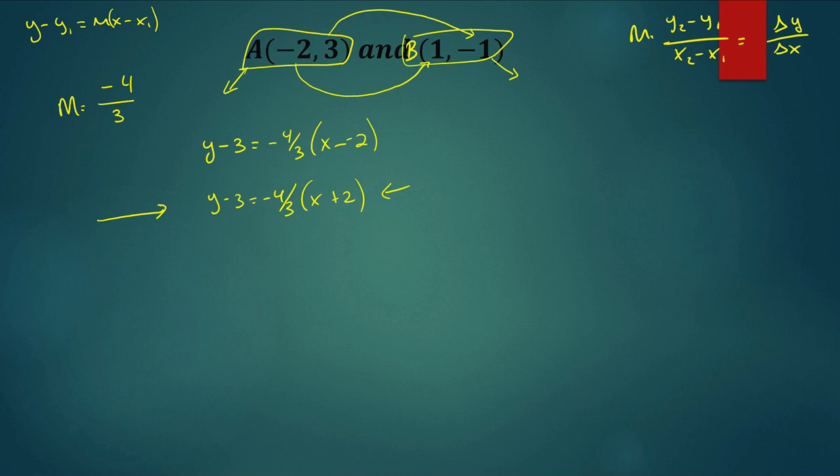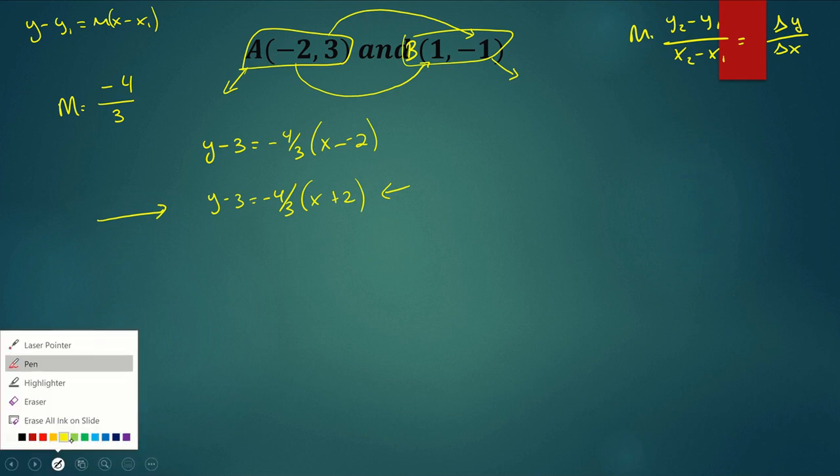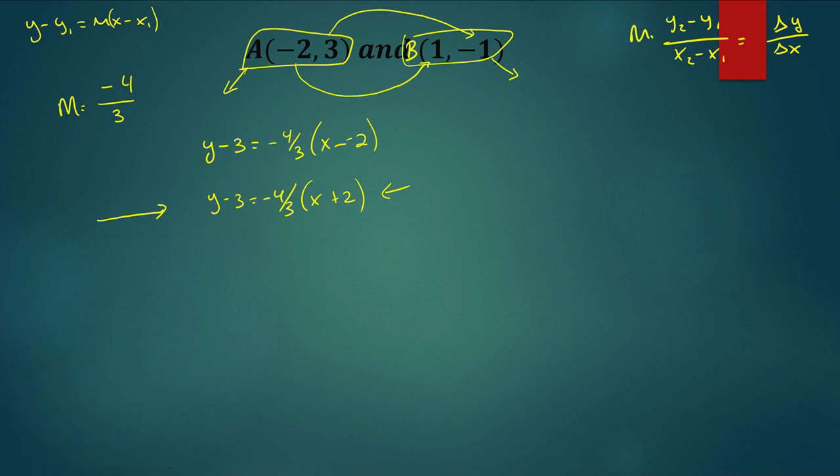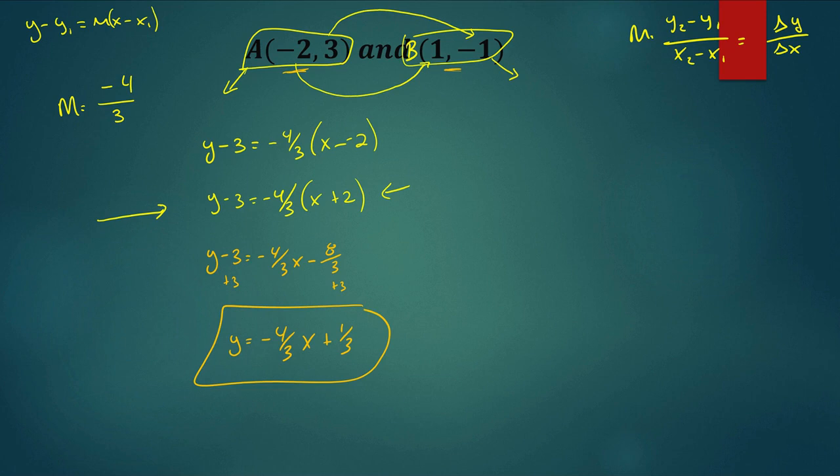But I'm going to take it a little bit further just because I want to show you guys that it really doesn't matter which of these 2 points you choose. If you can't take this further, that is perfectly fine, okay? I just want to show you that we end up getting the same thing. So if we add 3 there, we get y equals -4/3 x plus 1/3. So this is my slope intercept form. I got here by simplifying.